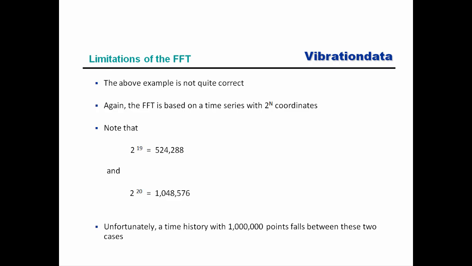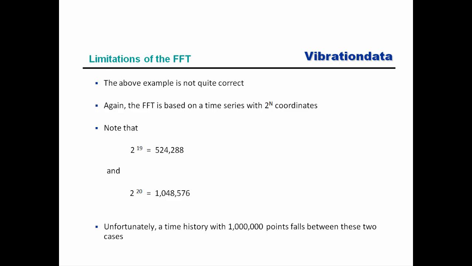Well, unfortunately, our time history with 1,000,000 points falls between those two cases. So we cannot actually take a fast Fourier transform on exactly 1,000,000 points. We cannot do that. Well, we've got two choices, neither of which is the correct answer.